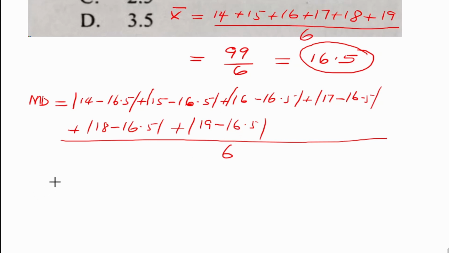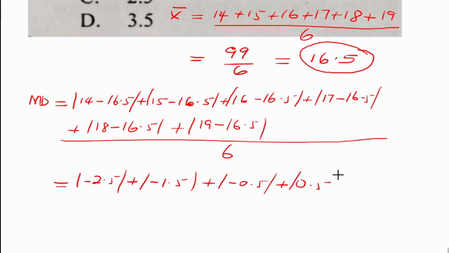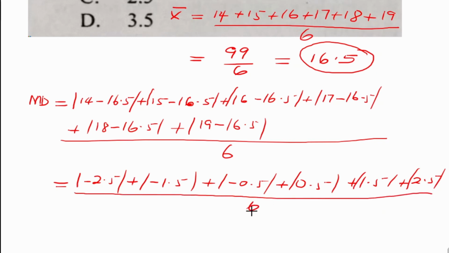Right. We continue further. 14 minus 16.5 is going to give me negative 2.5, then plus this will give me negative 1.5, plus negative 0.5, then plus 0.5, all of them absolute value of course, plus 1.5, and then plus 2.5, all of these divided by 6.